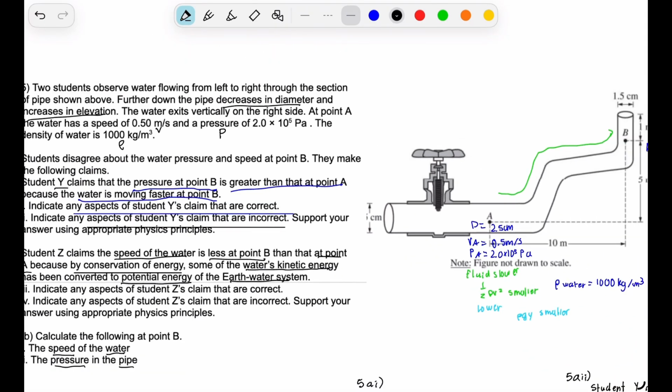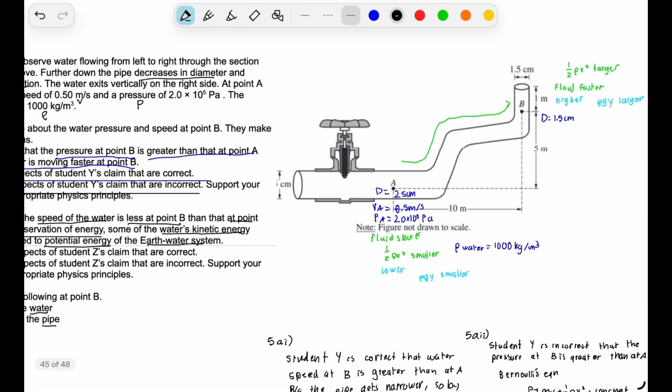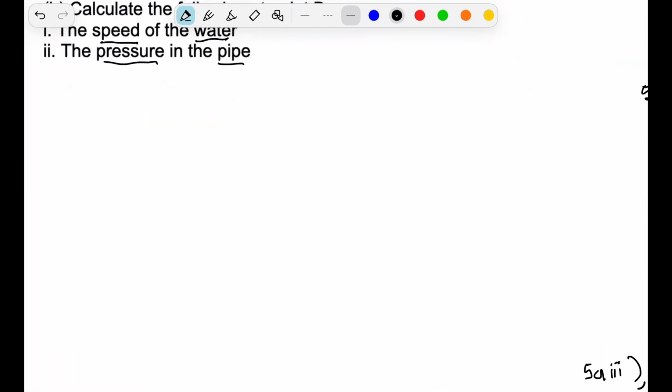So calculate the following at point B. We want to find the speed of the water and also the pressure that is inside of the pipe. So we're going to find the speed of water at B first. So this is 5B1. We're going to use the continuity equation because the continuity equation has our speed in it.